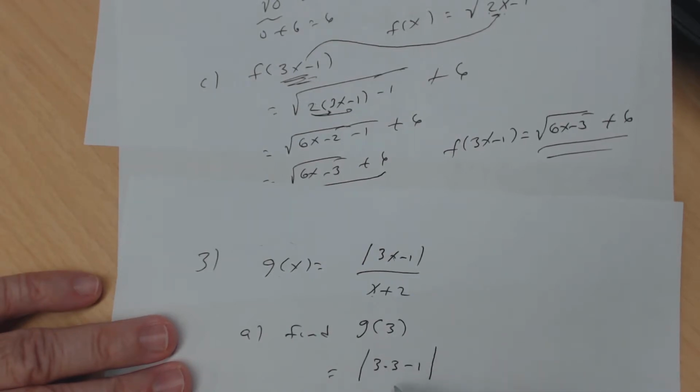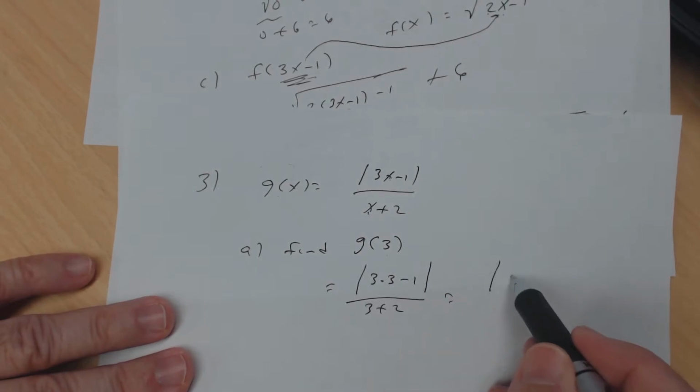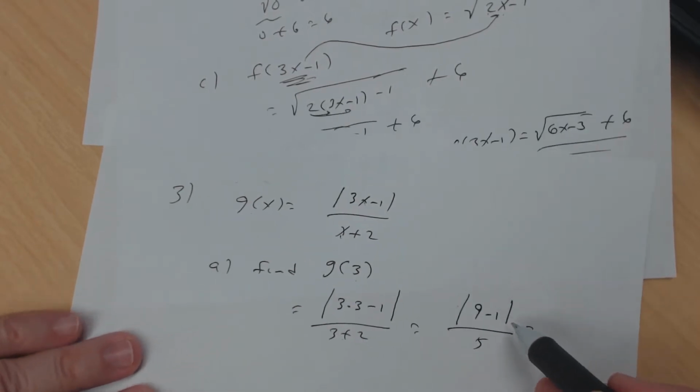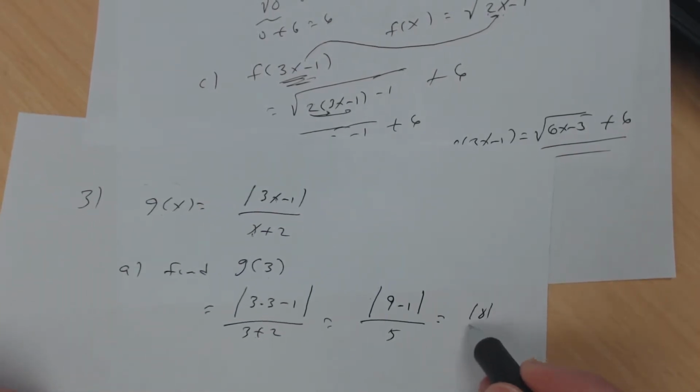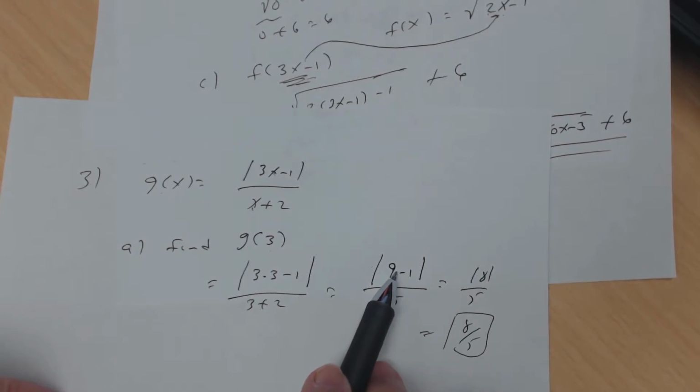Notice the absolute value bar is still there. Divided by x, x is 3, so it's 3 plus 2. 3 times 3 is 9, so I get the absolute value of 9 minus 1 all over 3 plus 2 is 5. 9 minus 1 is 8. The absolute value of 8 over 5, and the absolute value of 8 is 8, so I get 8 fifths. So make sure you write the answer without the absolute value bars. So 9 minus 1 is 8, and the absolute value of 8 is still 8.